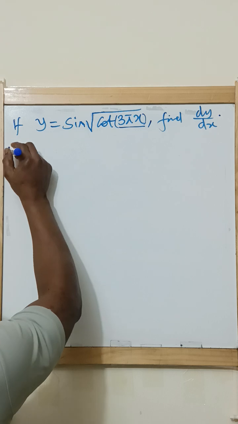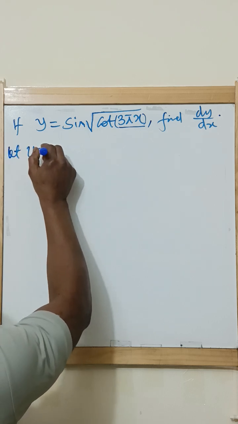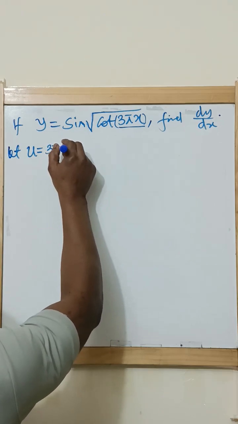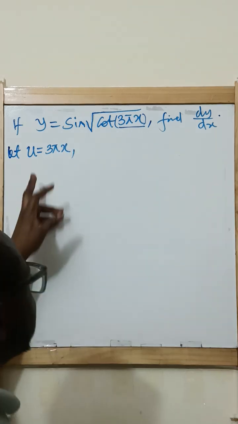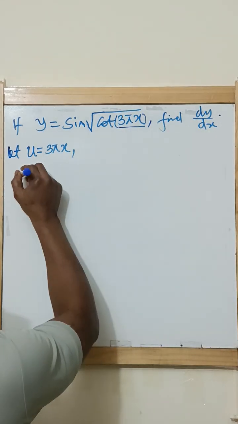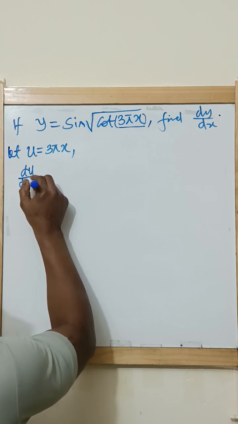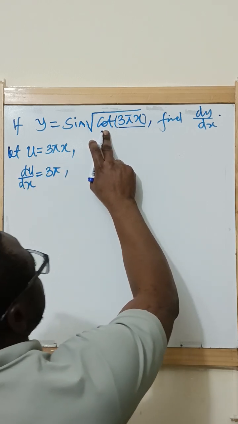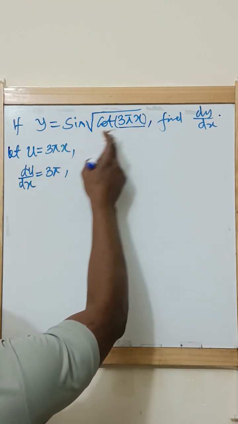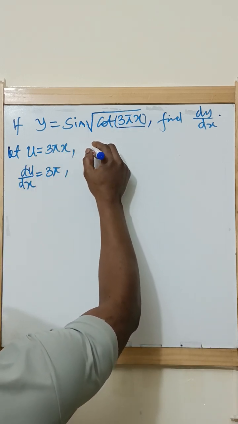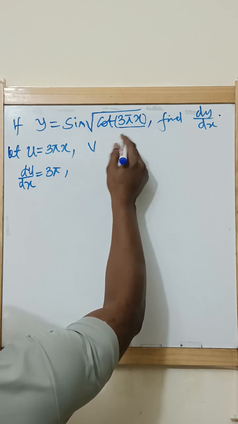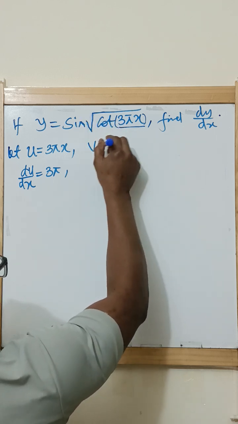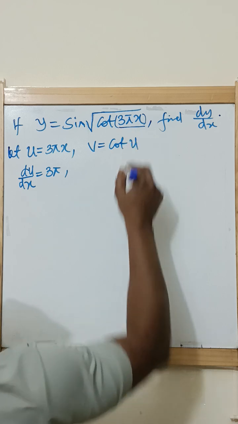So we say let u equal 3 pi x. So du/dx from here is going to be 3 pi. Now this is u, so v will now be equal to cot u.